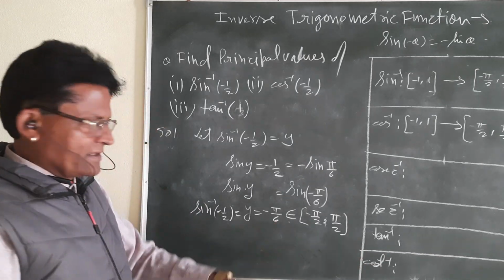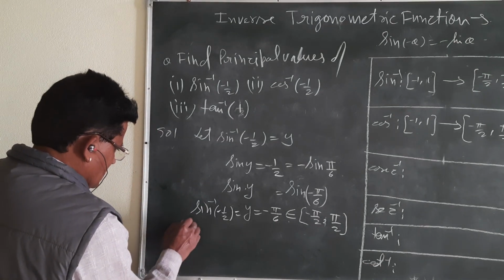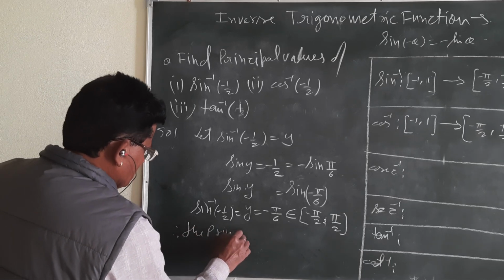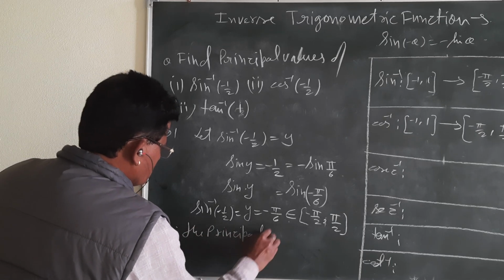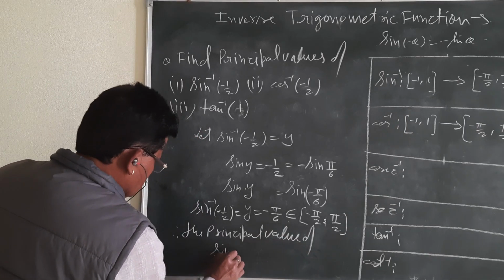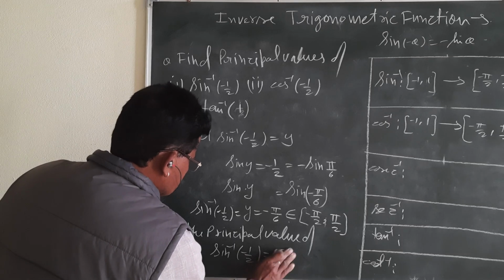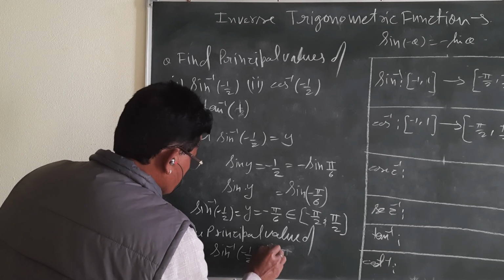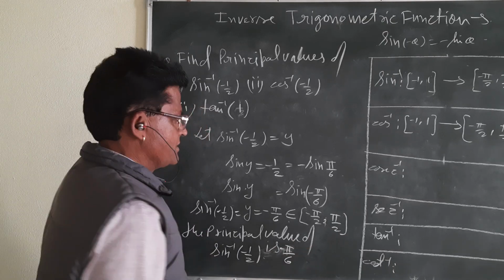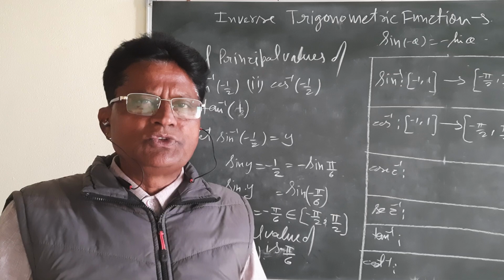That is why it is correct. That is why you can write the answer: the principal value of sin inverse minus 1 by 2 is minus pi by 6. Very important thing, because frequently you will have to use it.